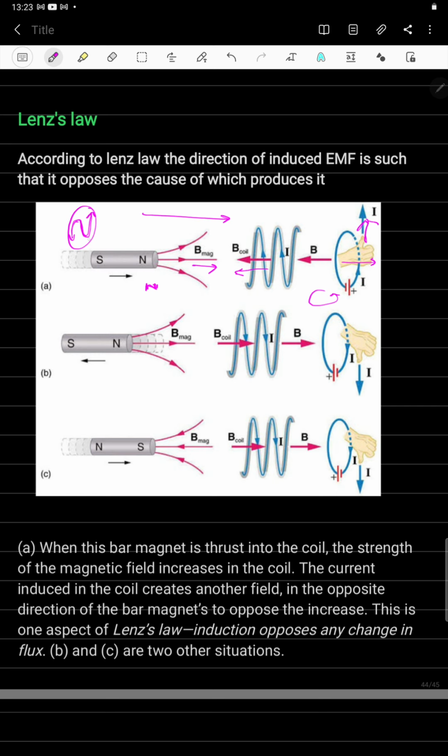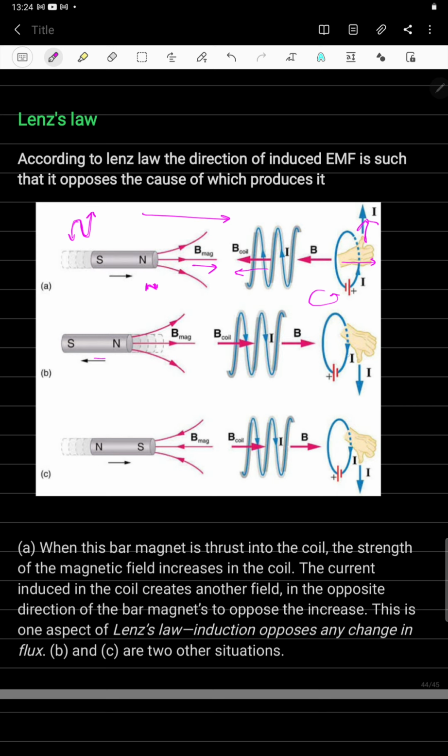So this is the way we represent this motion. The second one is B. Here we are taking the bar magnet out of the loop, and the magnetic field is in the opposite direction.